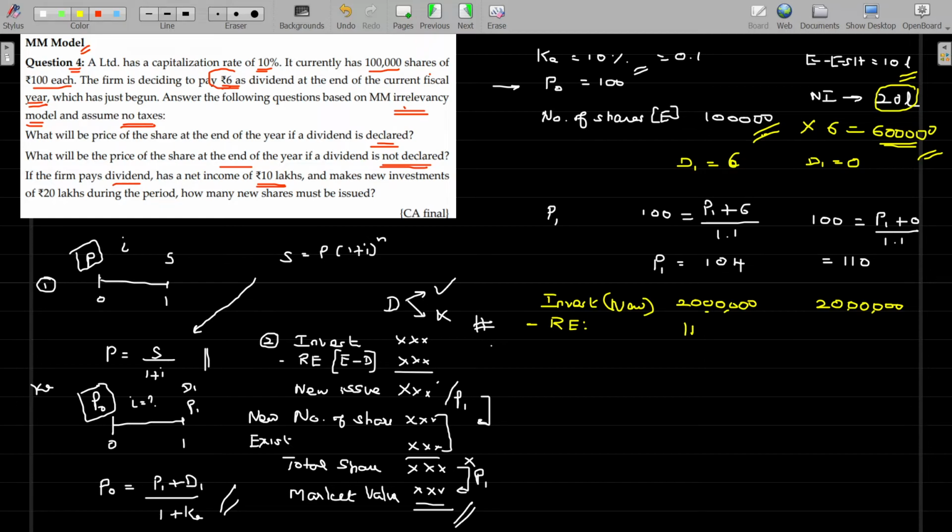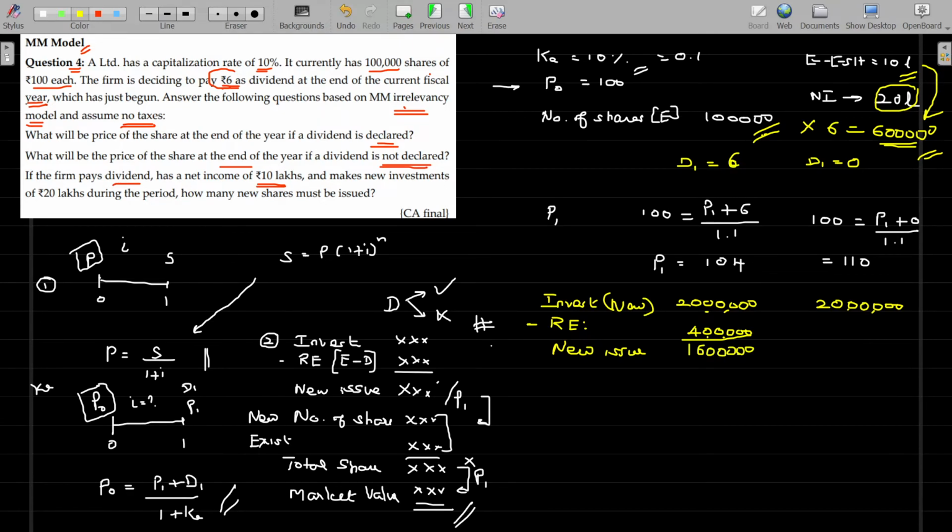So 4 lakhs is available in our retained earnings after the dividend payout. Beyond that, the new issue to be made for raising the shortage of fund required for the expansion here is 16 lakhs.